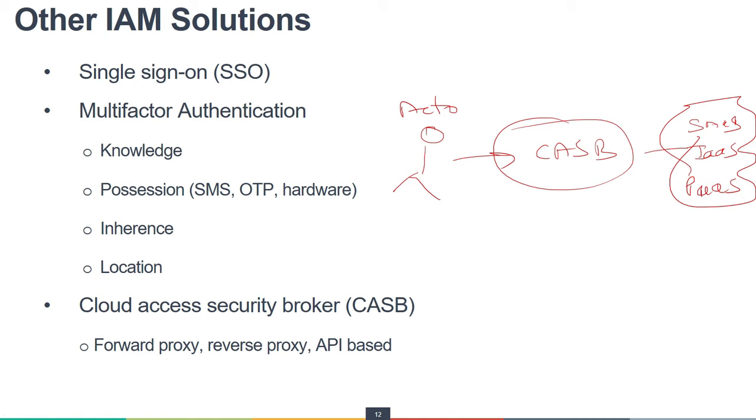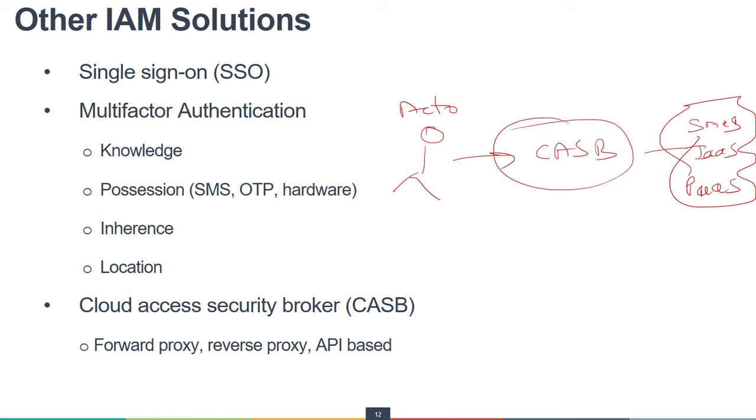In the forward proxy, this type of CASB sits close to the user, on the user's desktop, laptop, or mobile phone, and uses an encrypted MITM technique to securely inspect and forward all the cloud traffic for the user.